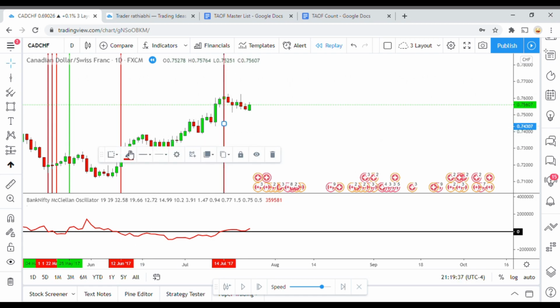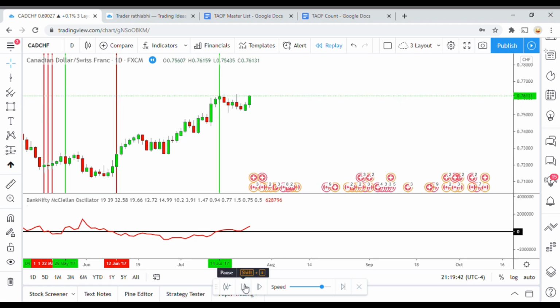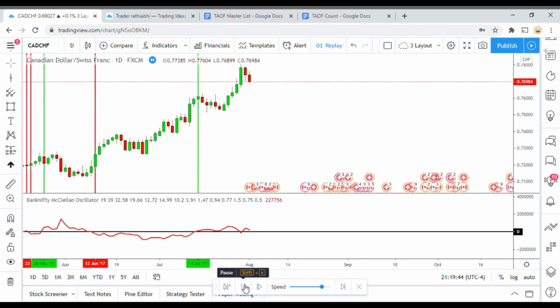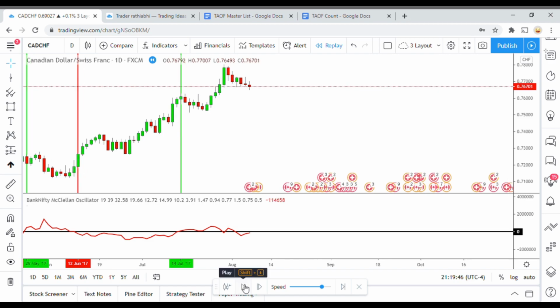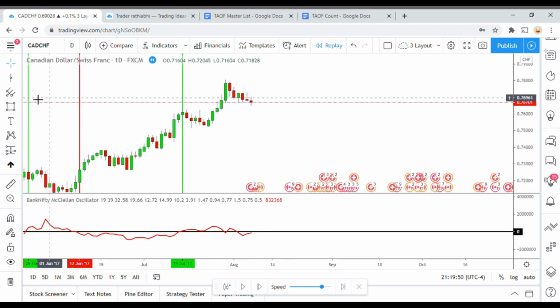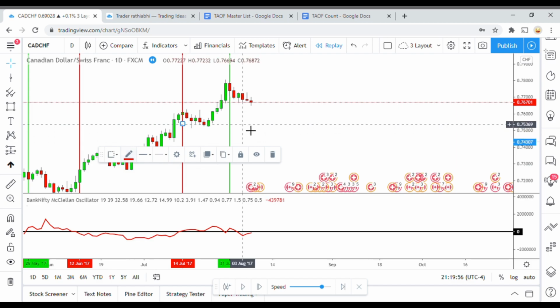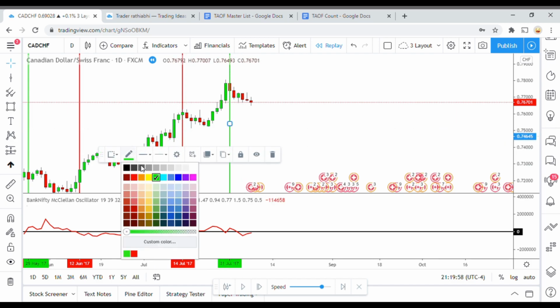Finally picked up a long there, but it turned around and almost immediately dropped out, stopping us out. Then we get a short here. Let's see that one.